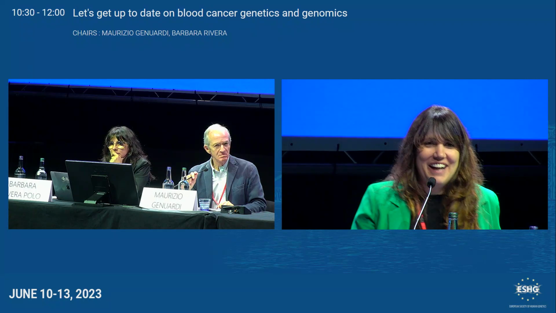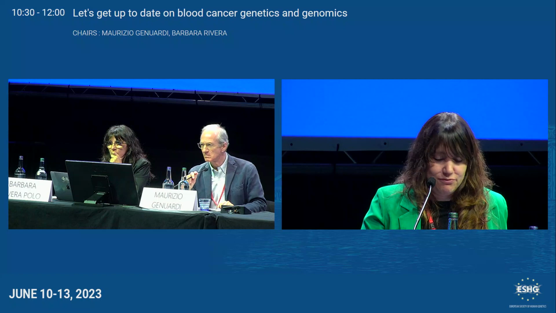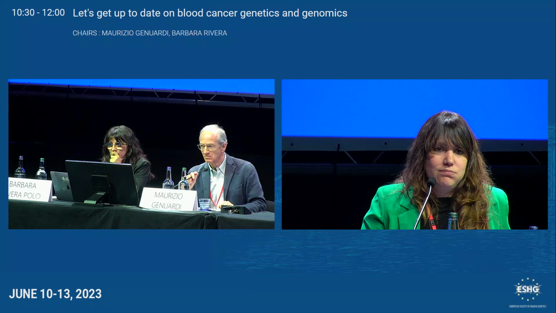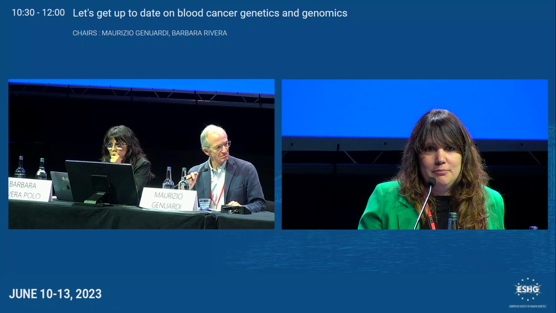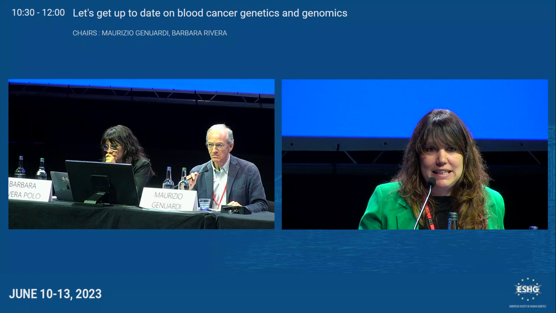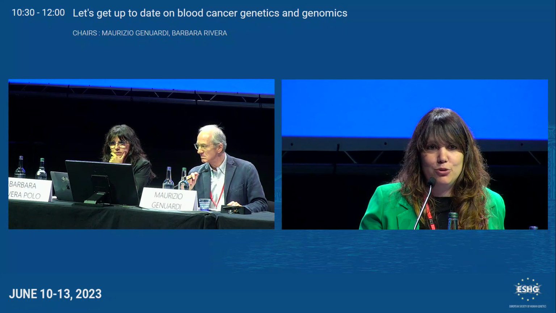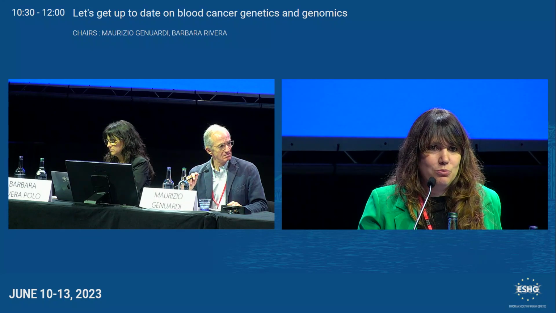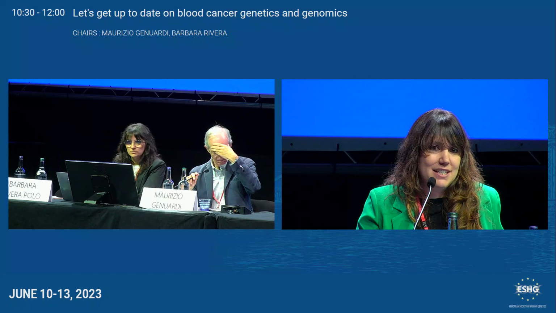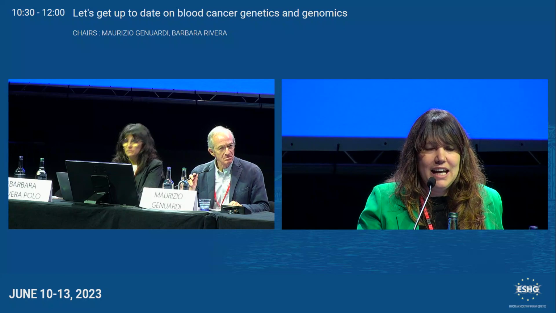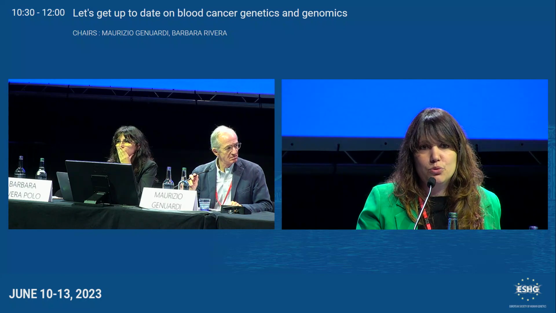Yeah, I know, because we have had this discussion several times. I wouldn't do it, but I think it depends on the group. It's difficult to give advice, because you will probably find something, but then it will be really challenging how to manage the family, because it's not clear what will happen if you identify genes that may predispose to both solid cancer and leukemia, and it's not the same when you don't have anything to offer.